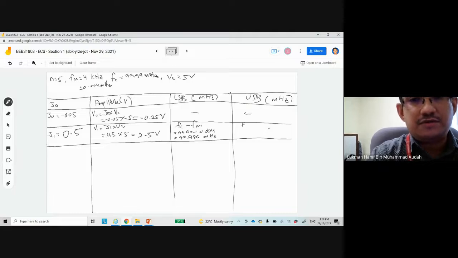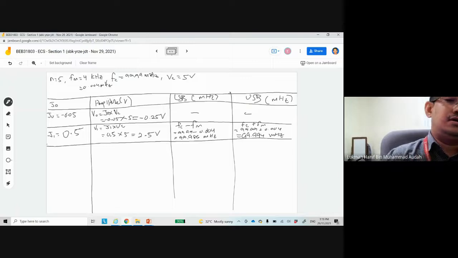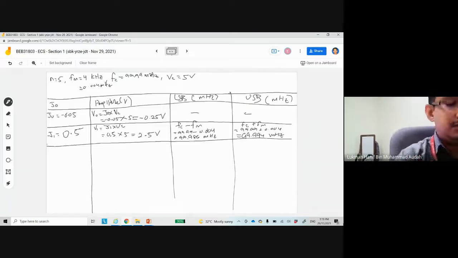So here is FC plus FM. So this is 99.99 plus 0.004. So this is 99.994 megahertz. Okay, so yang seterusnya you buat, masukkan je lah nombor. I know that this is memenatkan. 0.45.